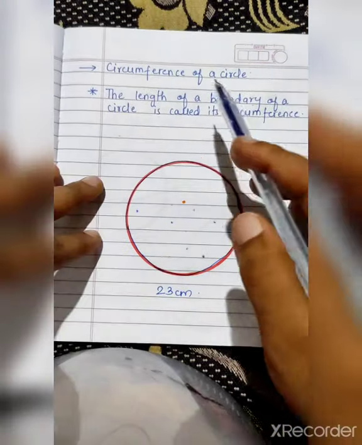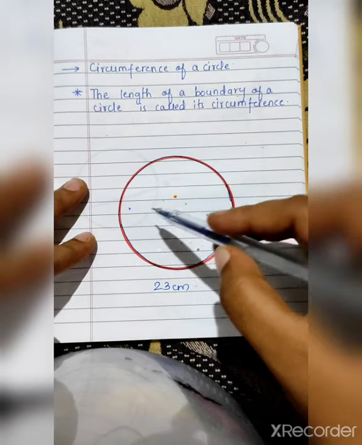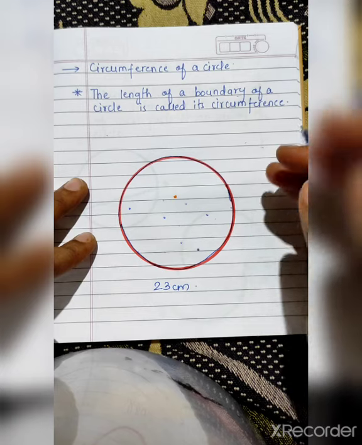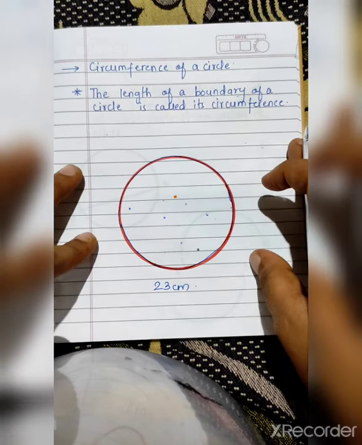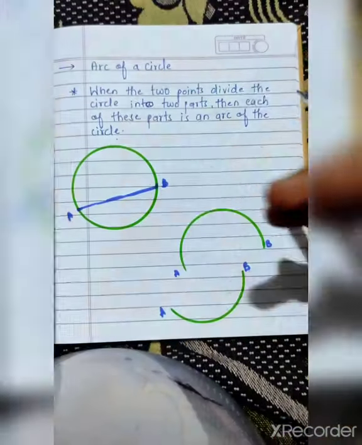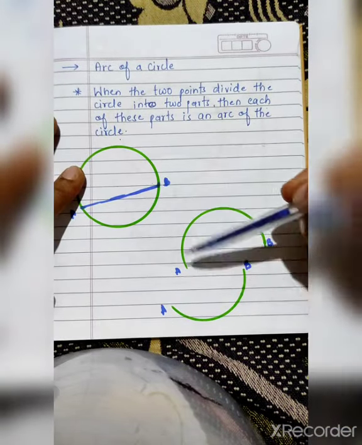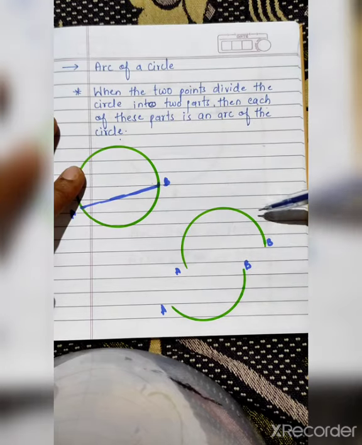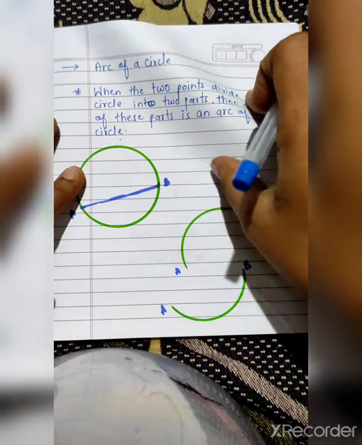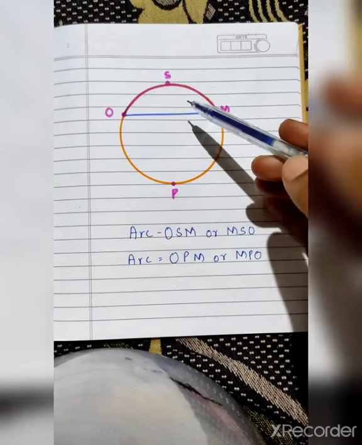Next topic, the circumference of the circle means the boundary or the length of the boundary of a circle, and I showed you how to measure it. Then the arc of the circle means if the circle is divided into two parts, each part is called an arc of a circle. And we have also learned how to name the arc.